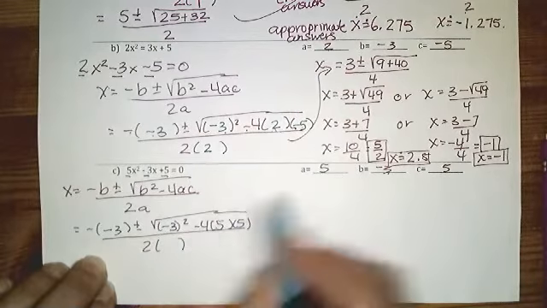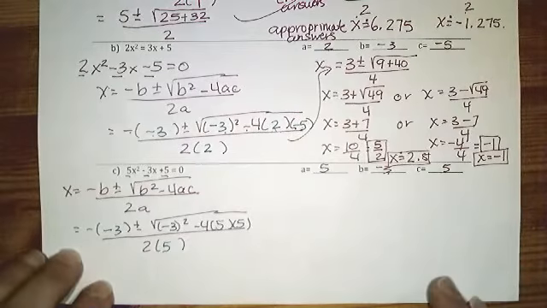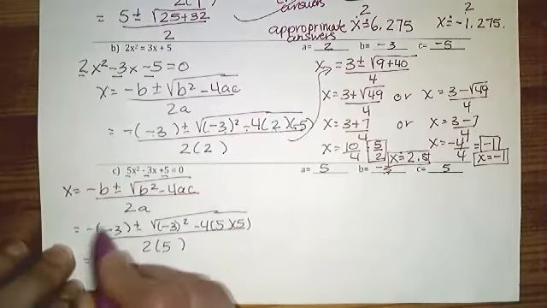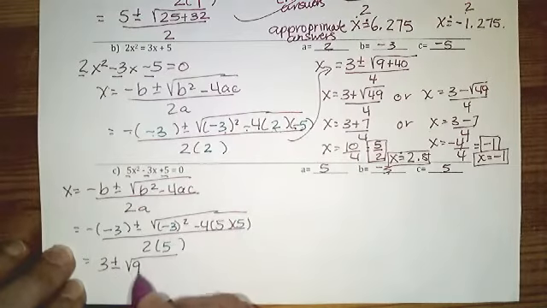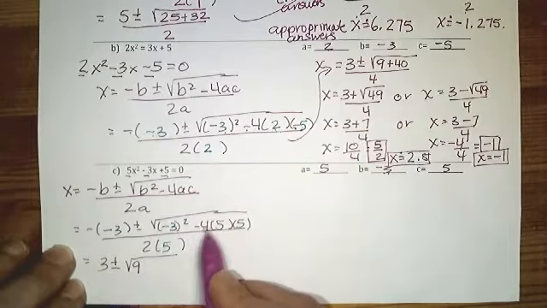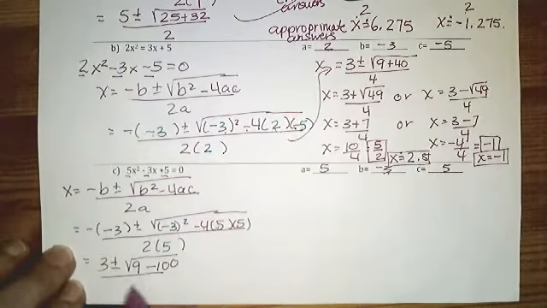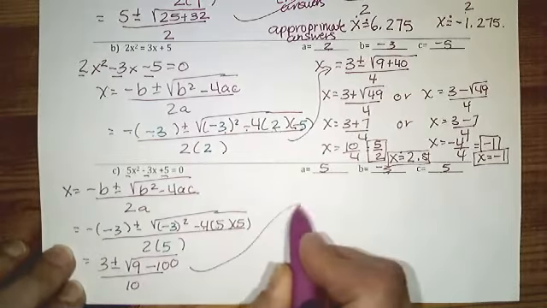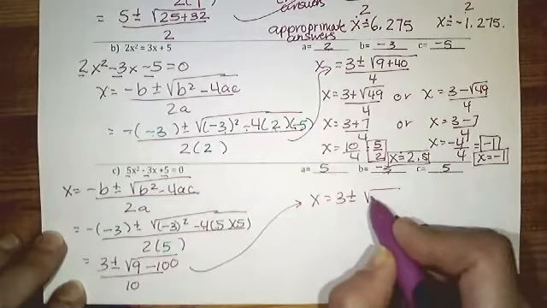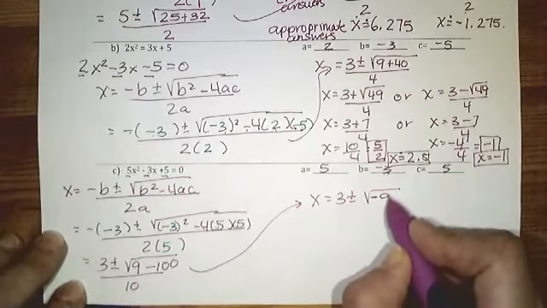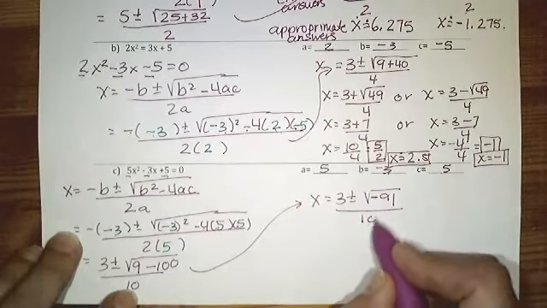And then on the bottom here, we also need A. So that will be equals, we can simplify this to a 3, add or subtract, 9, and we have 4 times 5 for 20 times 5 is 100. So we have a minus 100 over 2 times 5 is 10. So x is equal to 3 plus or minus the square root of negative 91, all over 10.